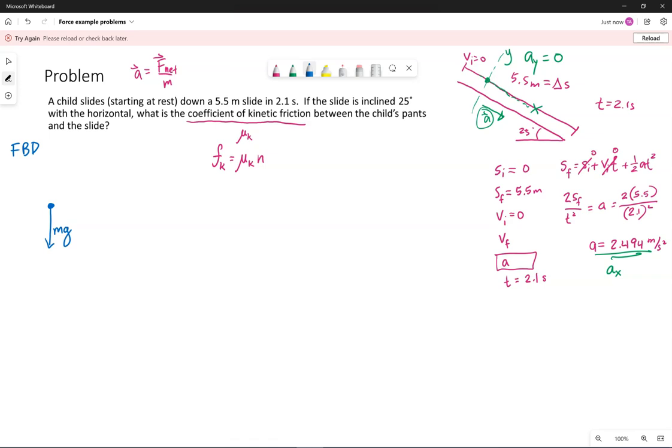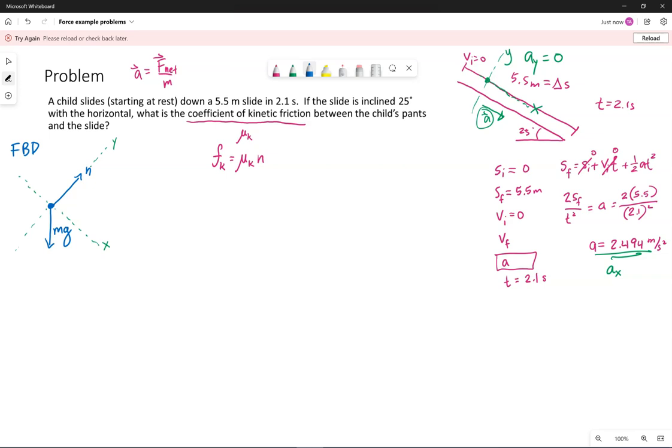The normal force is always perpendicular to the incline. So if I was drawing that coordinate system that I drew to the right on the slide, the normal force is in the y direction that I drew. Again, the term normal means perpendicular to the surface.